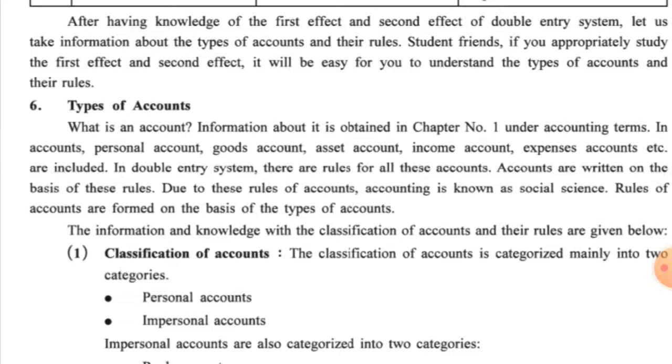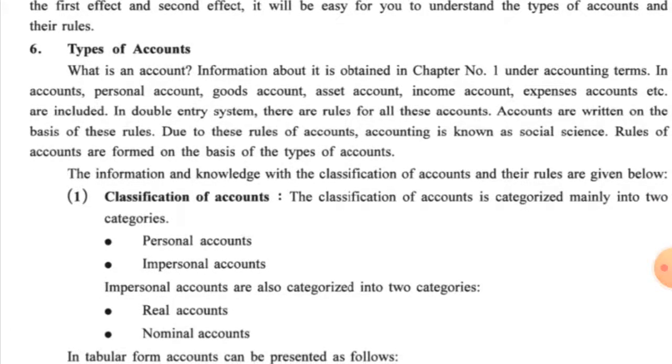What is an account? Information about it is obtained in chapter number 1 under accounting terms. Accounts include personal accounts, goods account, assets account, income account, expense account, etc. Any transaction or account related to goods, assets, income or expense will be included in the category of accounts.